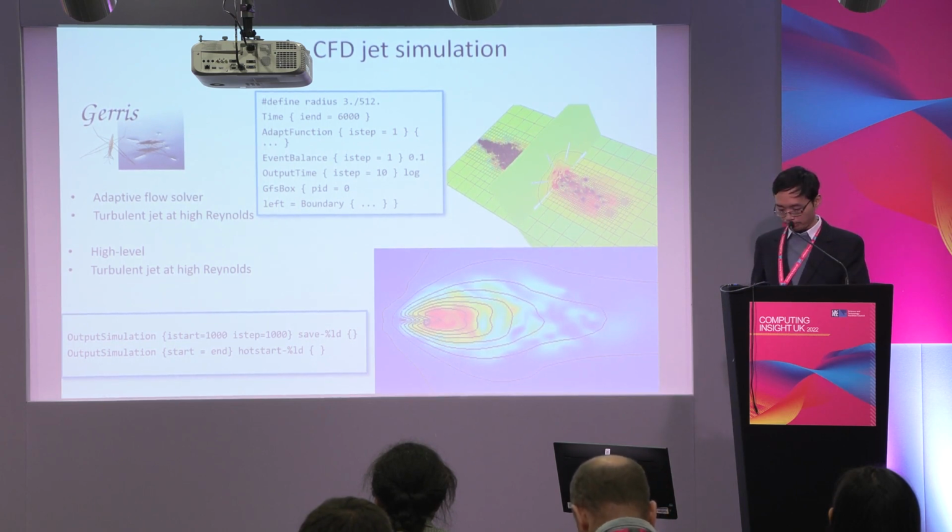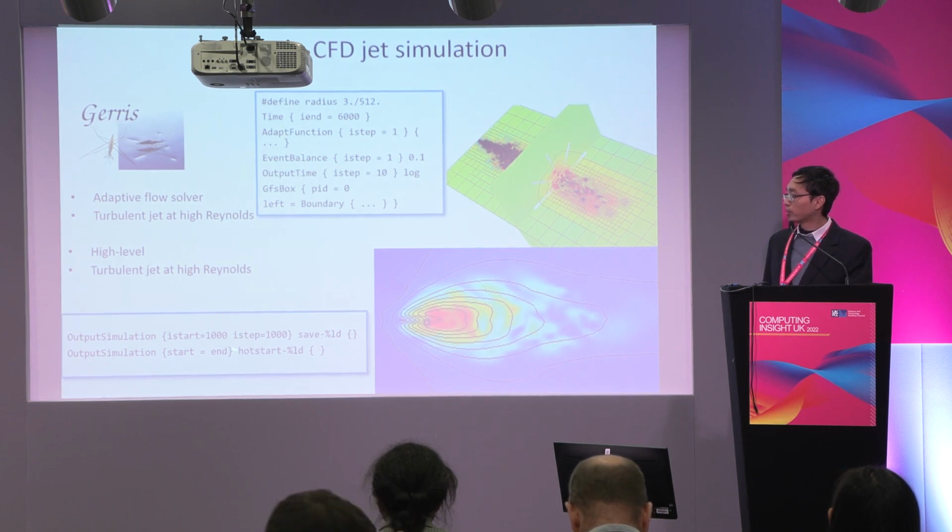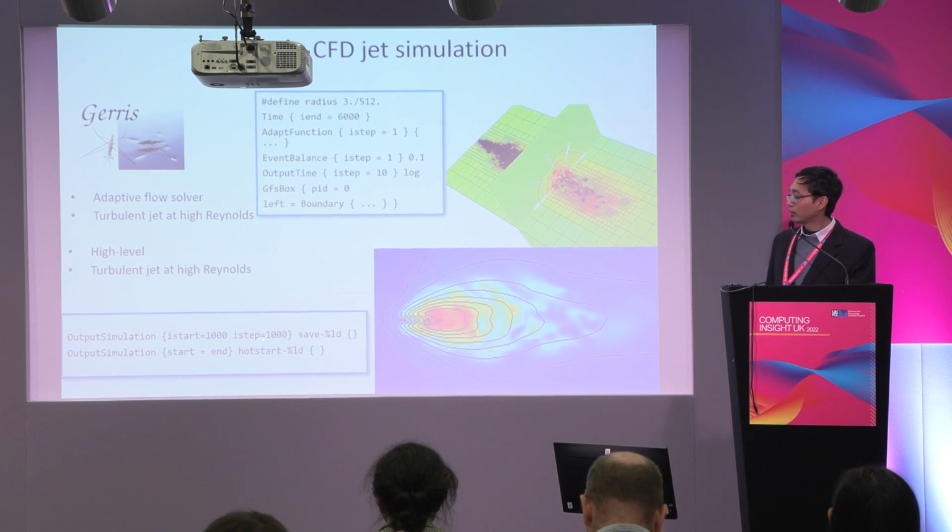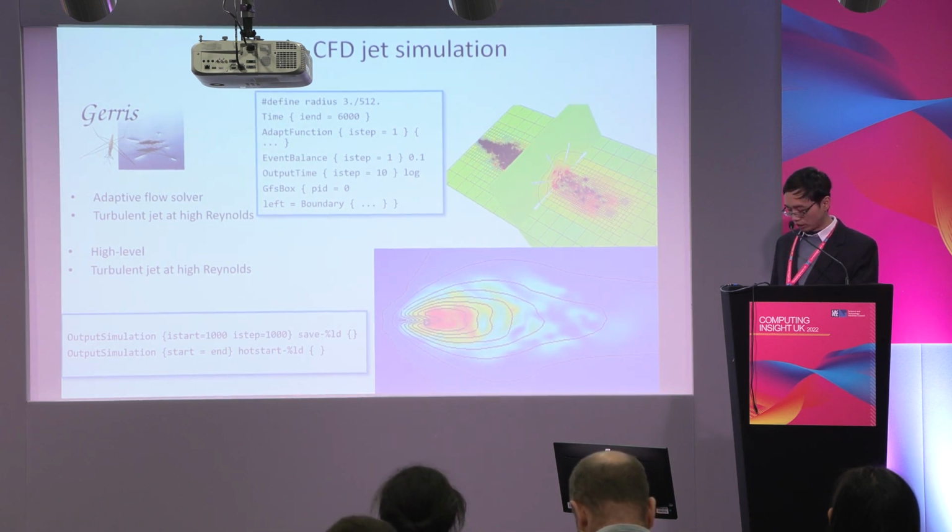And because this simulation is very time-consuming, in the order of days, I try to write a hot start file, saved at frequent intervals, and also one hot start file at the end of the simulation to use for the next one.